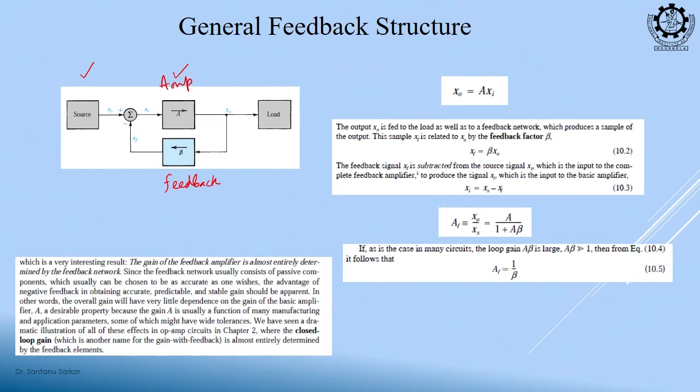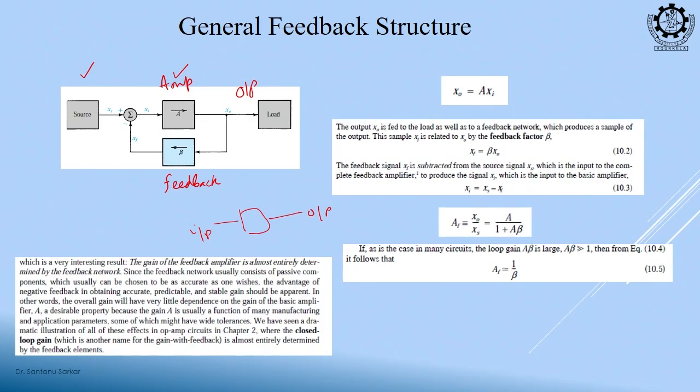In open loop, between input and output you have no control, it is straight. In feedback, you are taking a portion of the output and getting it subtracted or added at the input side. So, that is feedback.